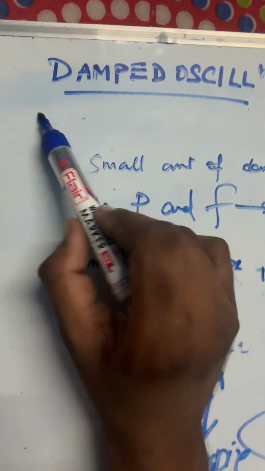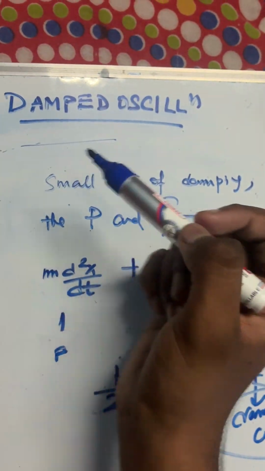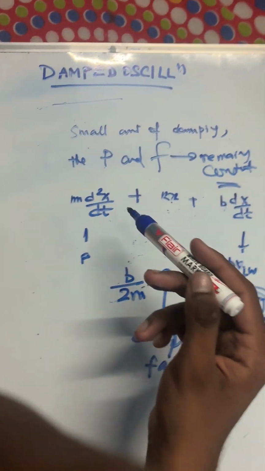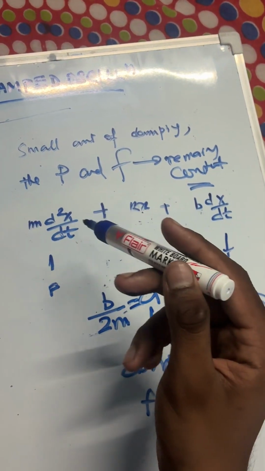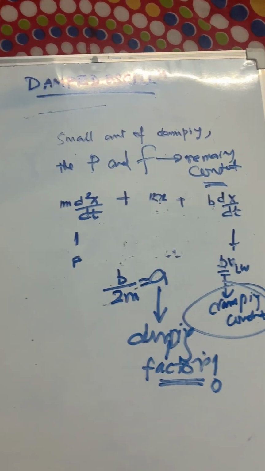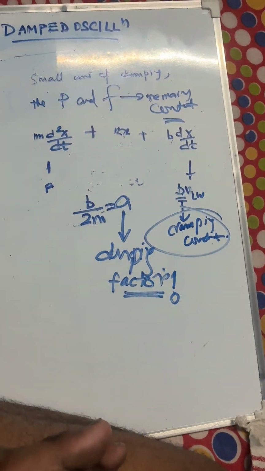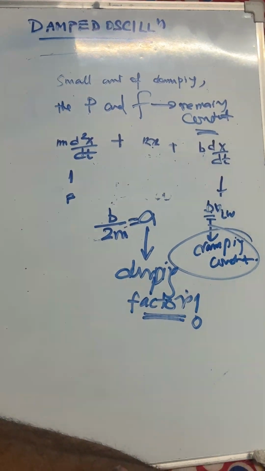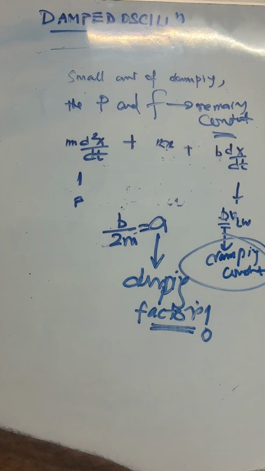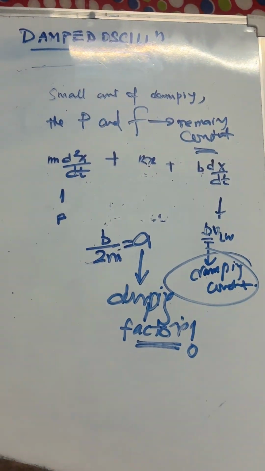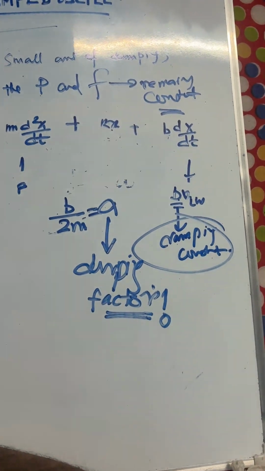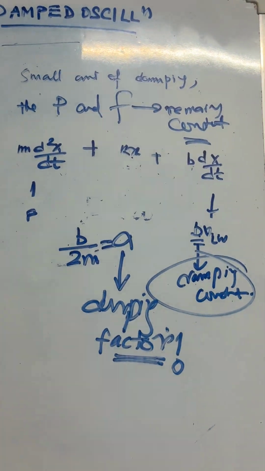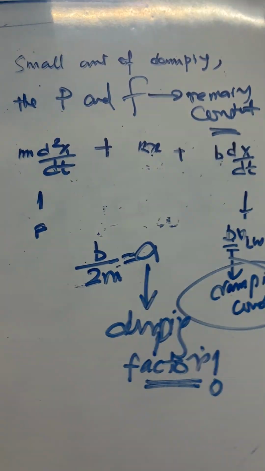So what I have talked about, damped oscillation, is just an oscillation under the influence of a force that reduces or prevents the oscillation of an oscillating system. It just reduces the oscillation, and for a system that has a small amount of damping, the frequency and the period remain constant.